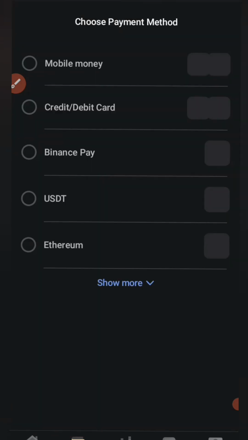So you click here, and then you can deposit your money using mobile money. Here in Kenya, I have Airtel Money and M-Pesa. If you're watching this video from other countries, you can use credit or debit card, Binance Pay, USD, or Ethereum.